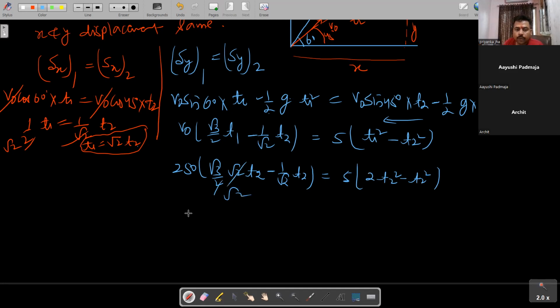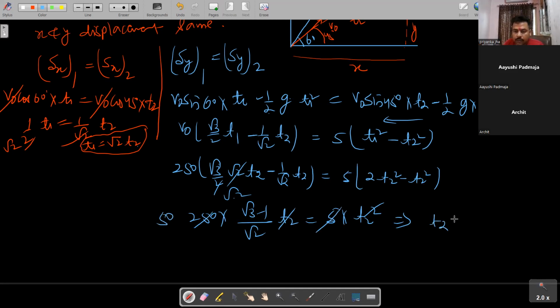So 250 multiplied by root 3 by root 2 minus 1 by root 2, that is root 3 minus 1 by root 2 into T2, equals 5 into T2 square. One T2 cancels. So with 5 and 250, T2 is 50 into root 3 minus 1 upon root 2.